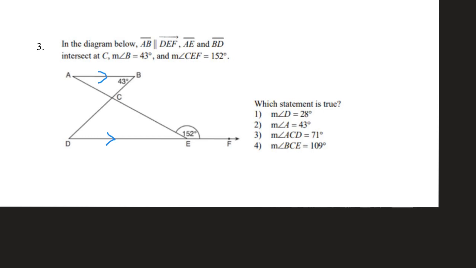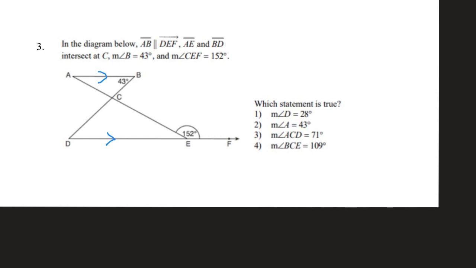So again, this is one of those where we're just going to go through each one of these, 1 through 4, each one of our answers, and just see which one is true. So for number 1, it says the measure of angle D, which is this guy down here, is going to be 28 degrees.